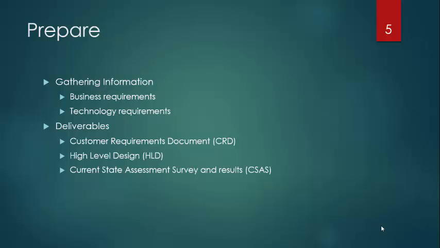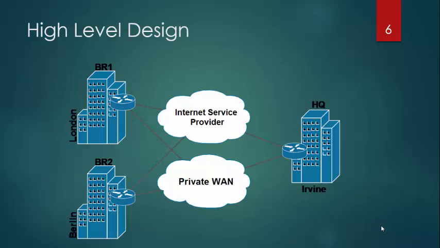So the preparation phase is all about gathering information from the customer. You should also gather some information about the customer constraints like policies, budgets, and project scheduling. For example, customer budget should include all of the purchases, maintenance and support, training, testing, and consulting fields.